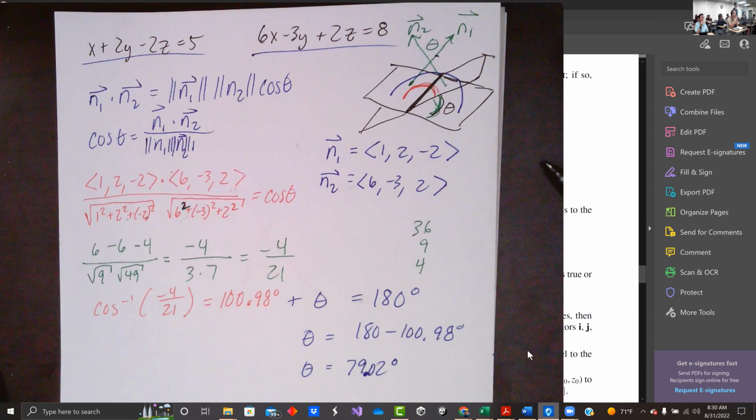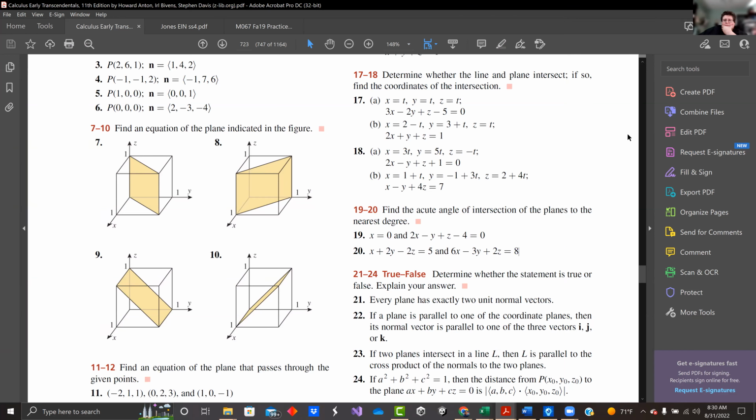I think your dot product should have an absolute value sign around it. We just looked at it in the book, and it should have an absolute value, so that gets rid of that -4. It'd just be 4. I don't think so. Just show me. You get 79.02, and this is the positive. What page is it on? Page 720.